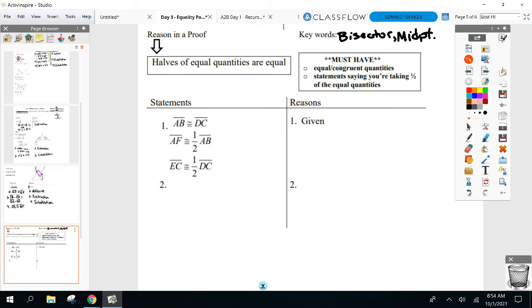Taking half of it and calling it EC. What did I know about AB and DC originally? They're equal. So what am I doing? I'm taking halves of equal quantities. All right, everyone sees I'm doing that and calling them AF and EC. So what should I know about AF and EC then? They're congruent, equal as well.